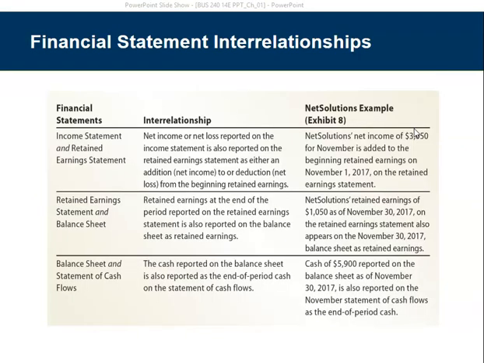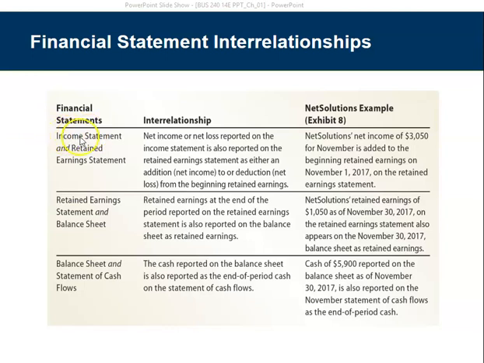Okay. All right, our last slide for this introduction is about the interrelationships of the financial statements. They're all four related to one another. We talked about there being an order in which these financial statements are prepared, and that is highly tied to this interrelationship idea.